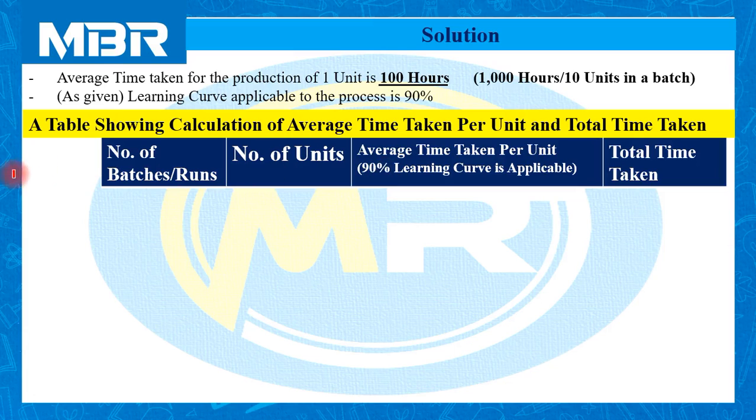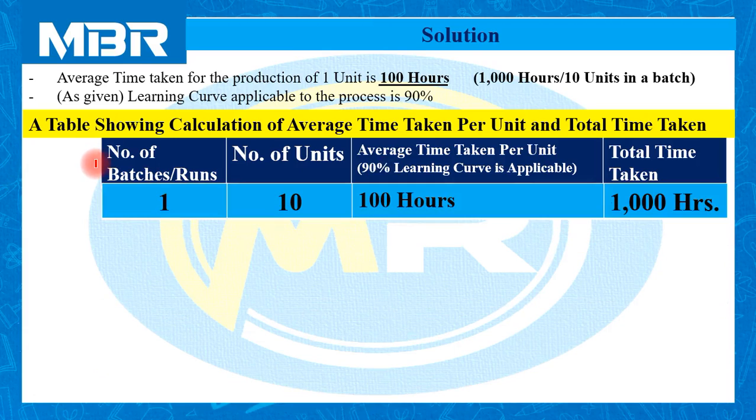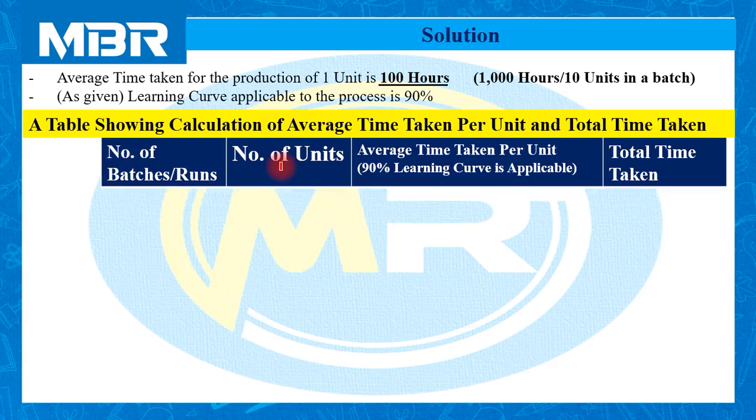As per the information given to us, we are producing in batch, in a lot, or say production run. So the first column is number of batches, second, number of units, third, average time taken per unit. As per the given information, 90% learning curve is applicable to the manufacturing process, and the last column is total time taken.